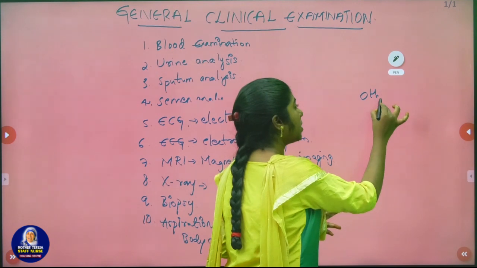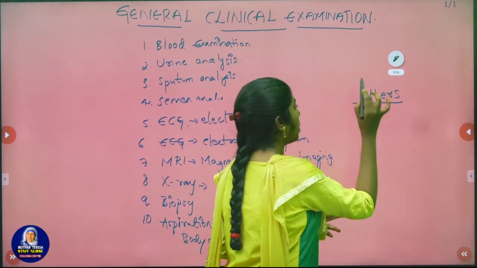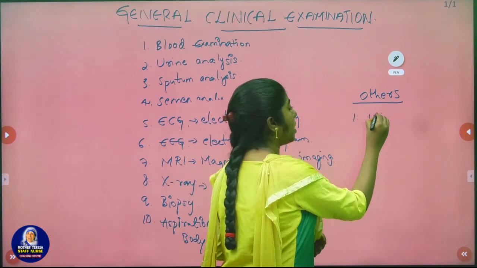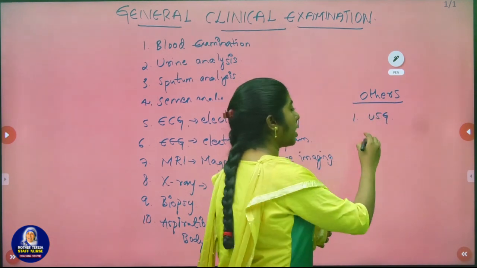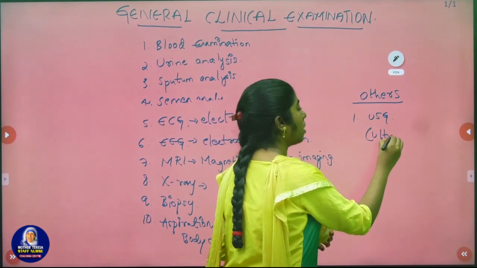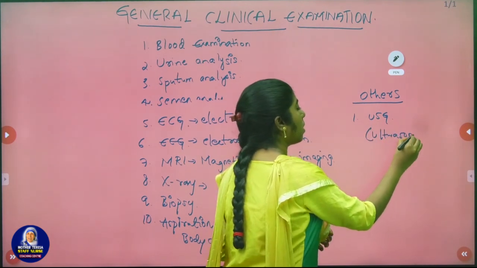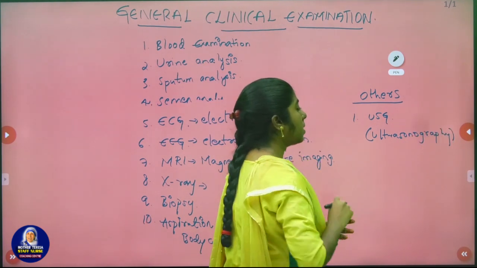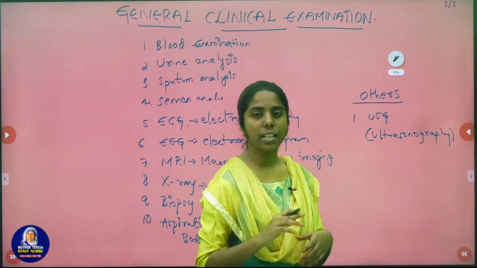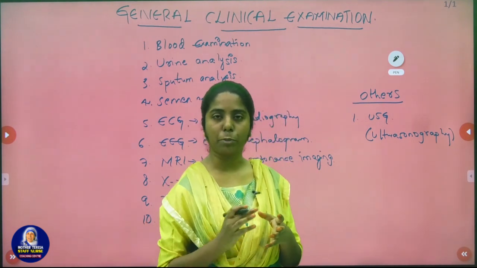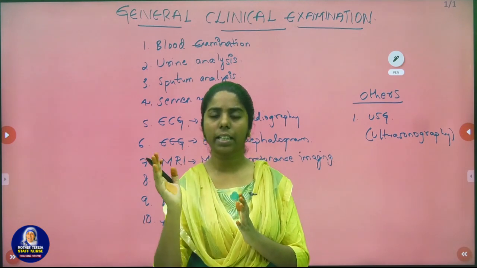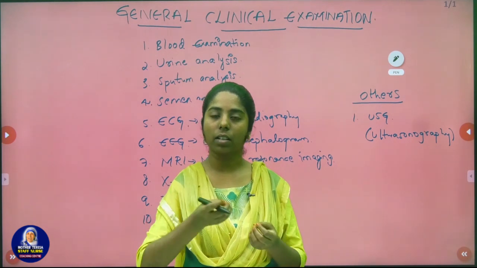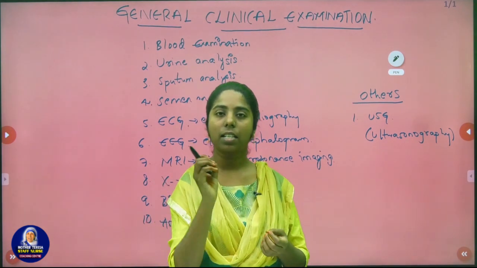If you see others, the first one is USG. USG is nothing but ultrasonography. It might be of the abdomen. Ultrasonography visualizes the organ or an abnormal growing part within a specific organ.